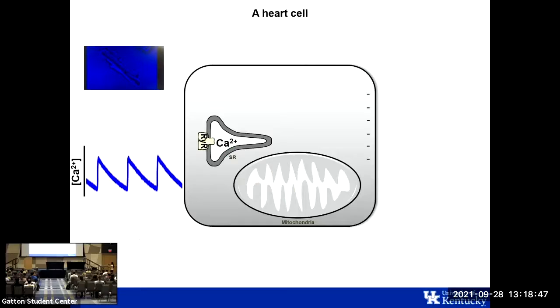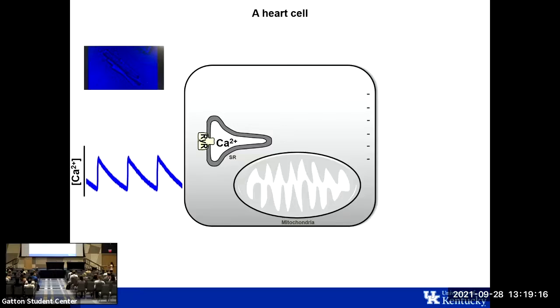So here, assume this is a heart cell, and I want you to focus on 3 important components. One is the plasma membrane. It should have negativity inside and positivity outside so that it maintains a membrane potential. Another one is mitochondria, the powerhouse, which continuously creates ATP that is necessary for the contractile machinery to continuously contract and relax. And another one is the sarcoplasmic reticulum, which is a calcium store.